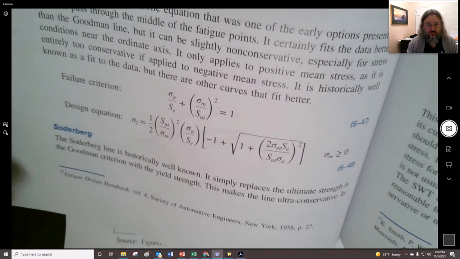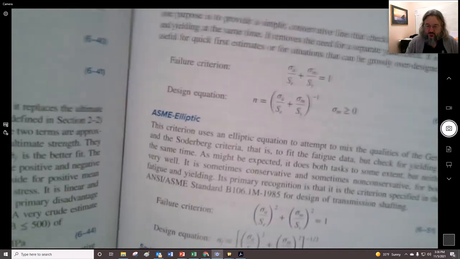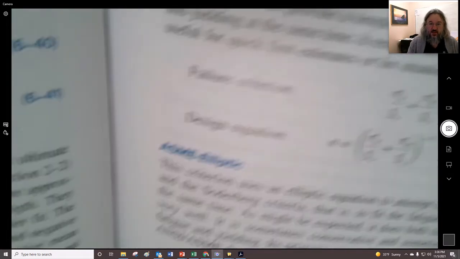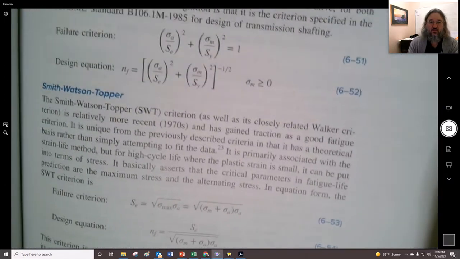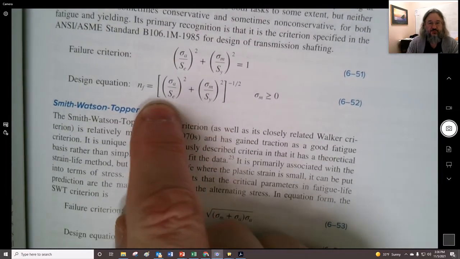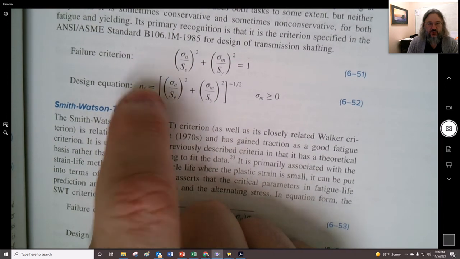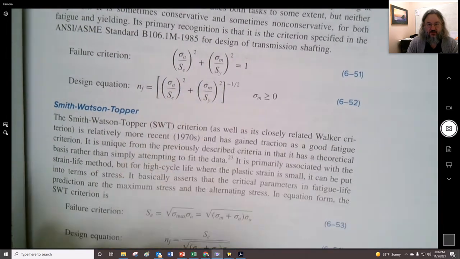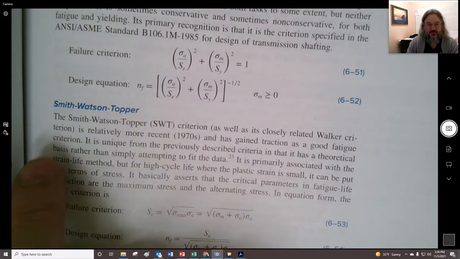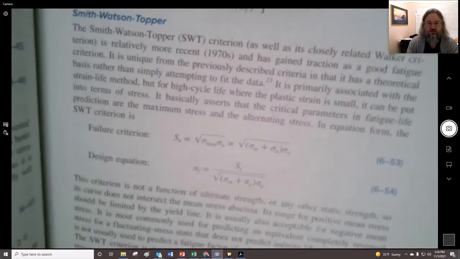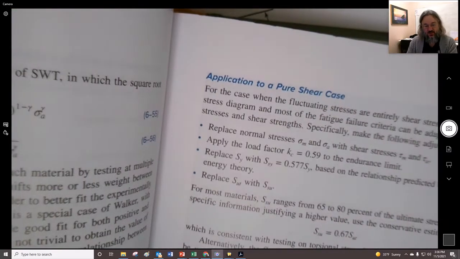So you want to evaluate the Soderberg. Right here is the safety factor, and then the ASME-Elliptic, that wasn't as difficult to get the safety factor out of, so it's not as much. And I don't know what the Smith-Watson-Topper is. I haven't read that part of this chapter. I haven't had the book that long.